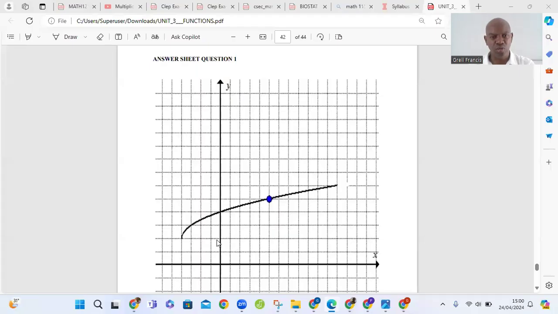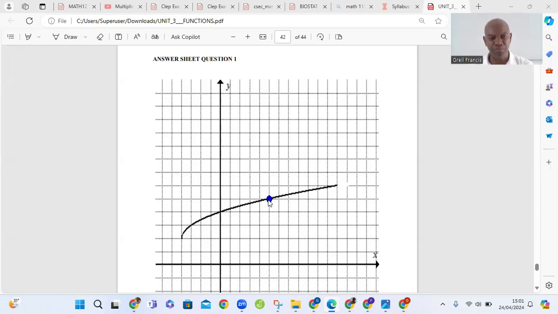So here's a look at the graph of f of x is equal to 2 plus the square root of x plus 4. And as you can see, here it is. And there is one point that is indicated. This point appears to be, let us see, 1, 2, 3, 4, 5, and 1, 2, 3, 4, 5.